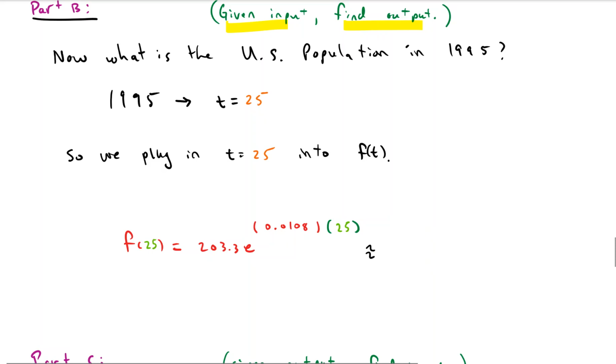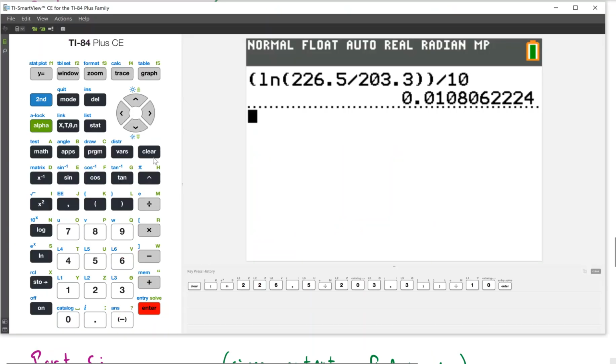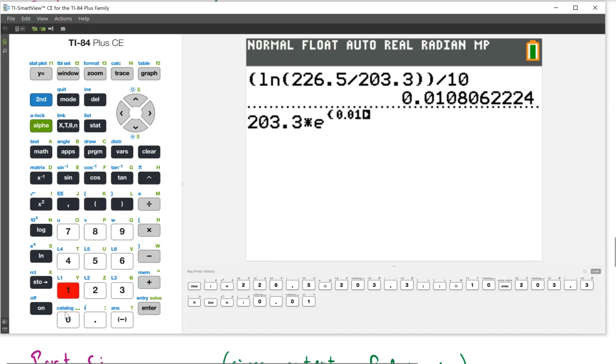Let's see what we get. So we have 203.3 times e to the parenthesis 0.0108 times 25.